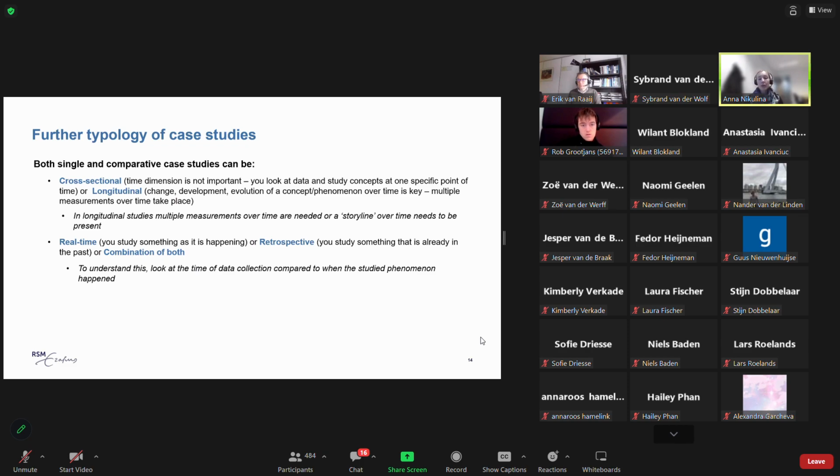You need to look at the time of data collection compared to the phenomenon that you are studying. If you are studying something that's happening as you collect data, then you can claim that your study is real time. If you're collecting data, but you're looking into something that happened in the past compared to the data collection point, then your study is retrospective. You can combine both if you want to look into the evolution from the past to the point where the data collection takes place.